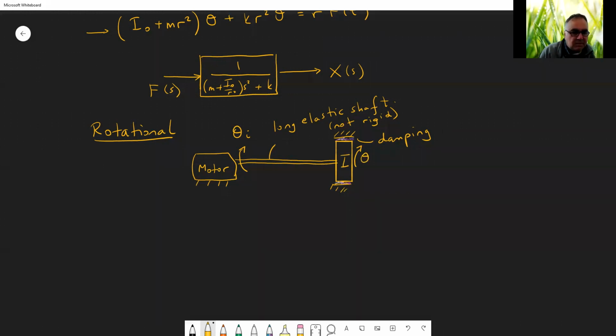So you have a damping in the system. We want to model this system. And this shaft, as you see, acts as a torsional spring.